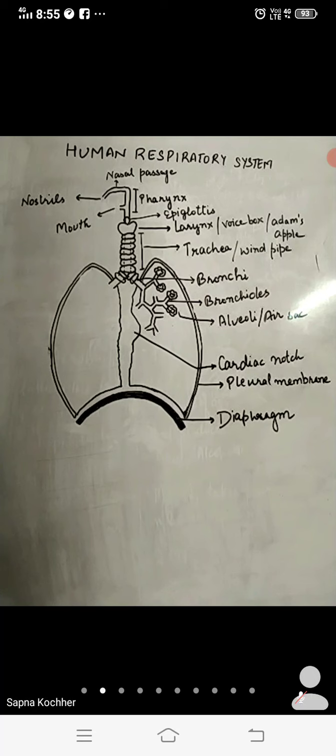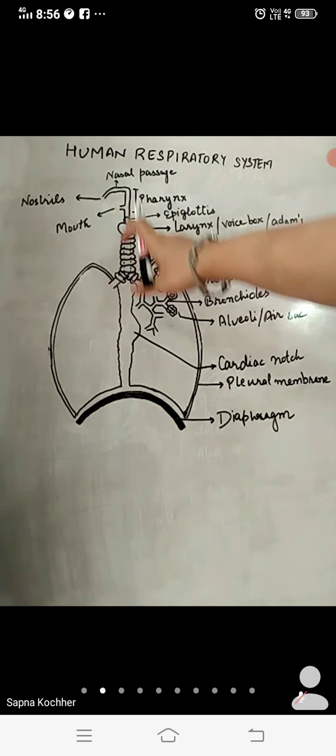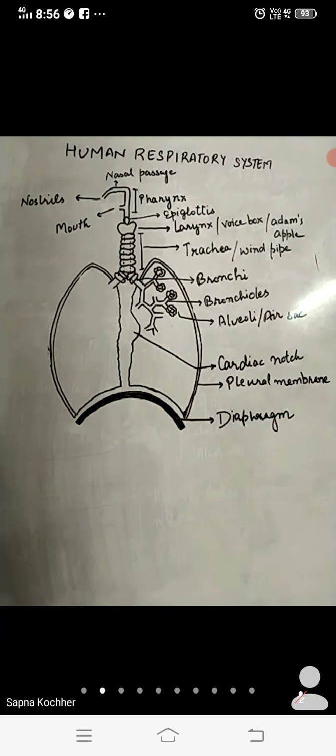Because of the hairs, first of all, the dust particles will be filtered out and trapped therein. The nasal passage or the nostrils have hairs, due to which the dust particles can be trapped, so that the good air without dust particles can pass into the respiratory system.